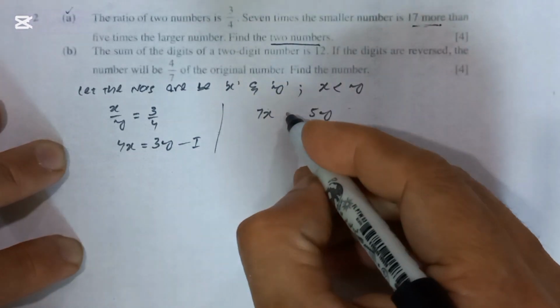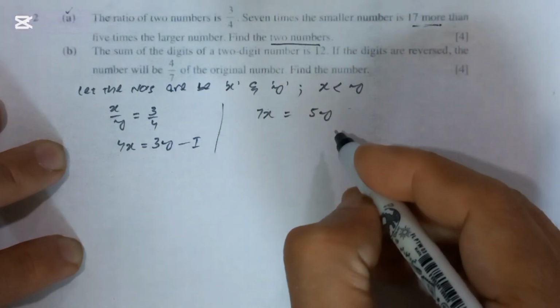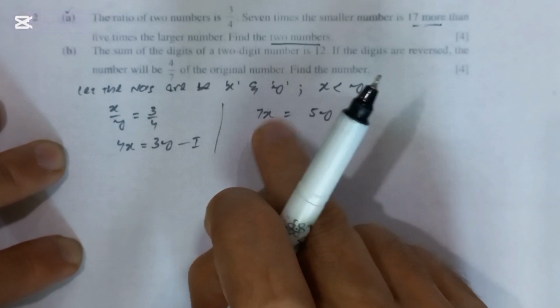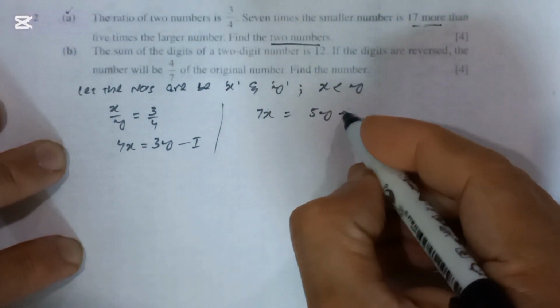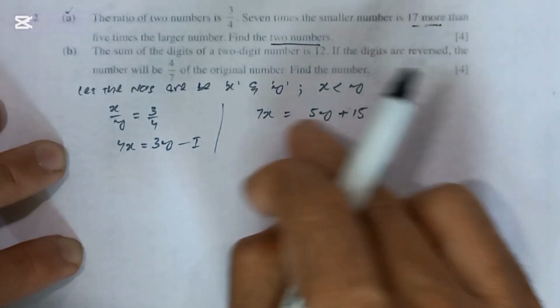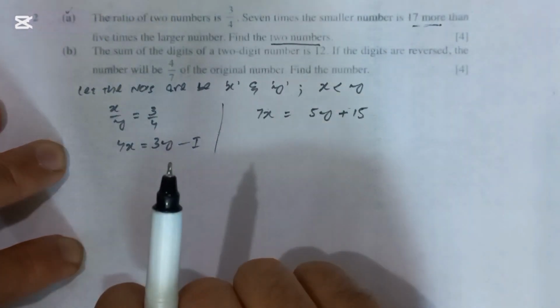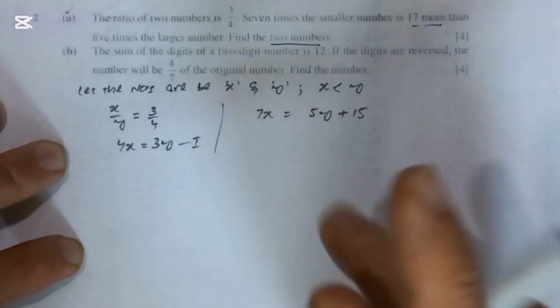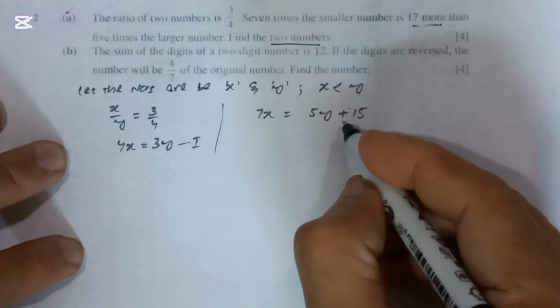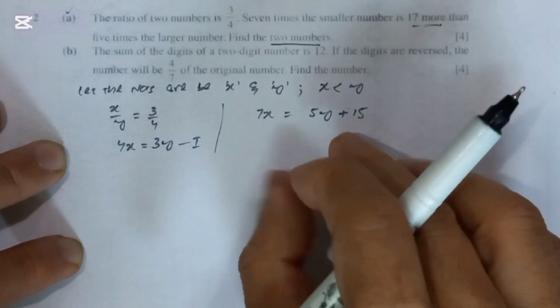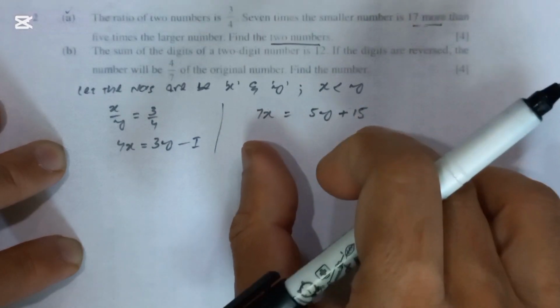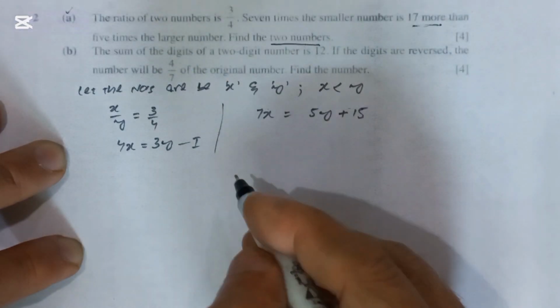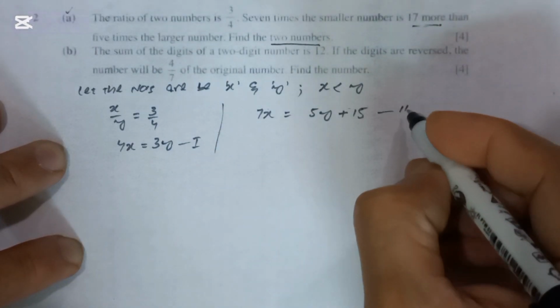So if we want to put equal sign in it, if this is more than, so we have to apply plus 15 here, so that will become two values equal, because this is more than 15. So we will apply plus 15 on the right side to make two values equal. Okay, call this equation number 2.